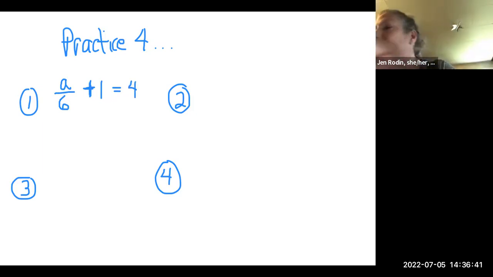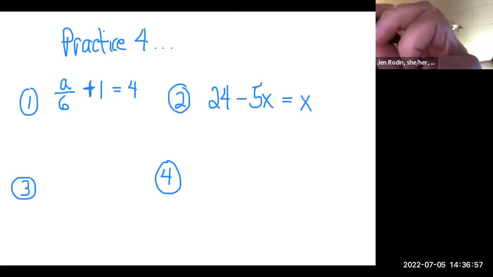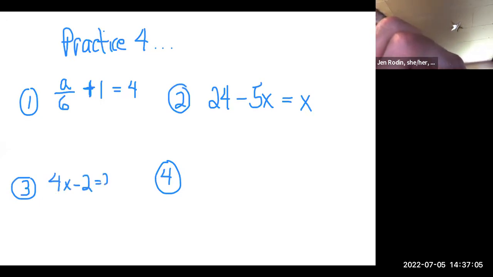Didn't do one like that for all of you, but we'll see how you do with that one. Then back to that page that I was looking at. Here we go. 24 minus 5x equals x. 4x minus 2 equals 3x plus 1.